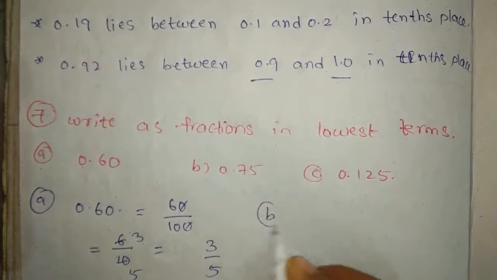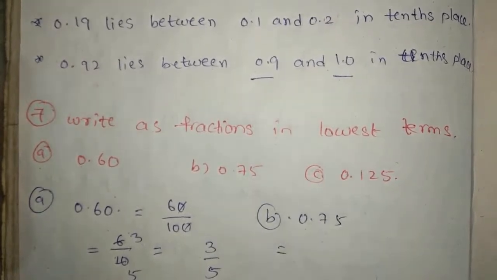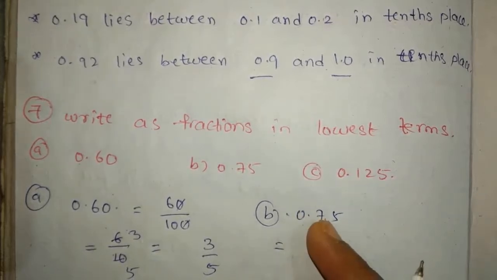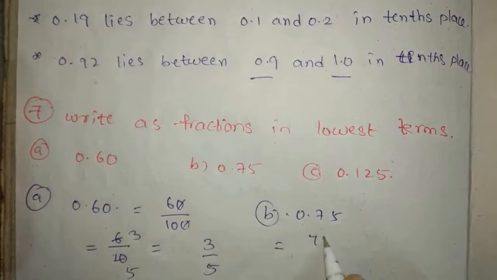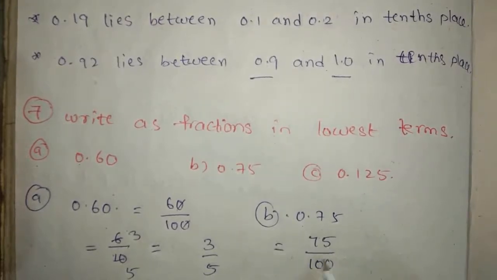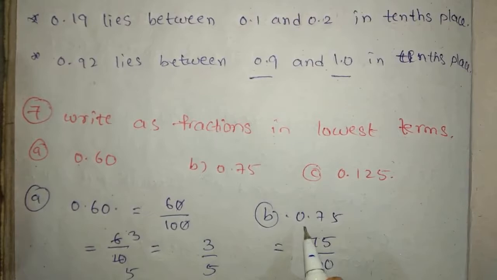Now the B one is 0.75. It can be written directly after the point: 75 in the hundredths place. In 0.60 the hundredths place is 60 by 100. In 0.75 the hundredths place is just 75 by 100.